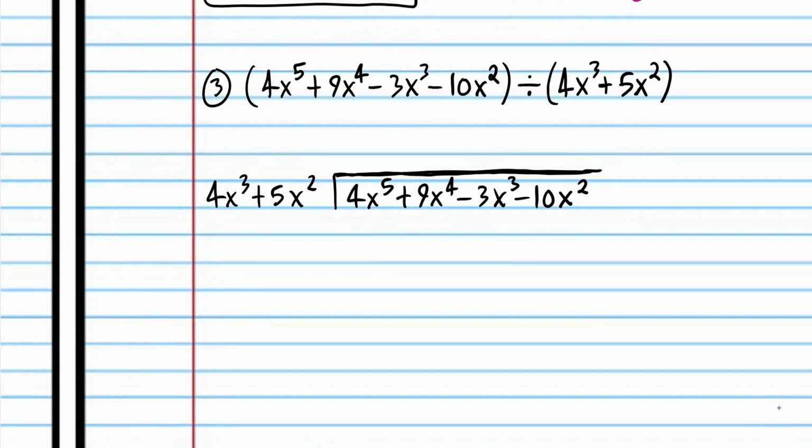And we're going to start cycle 1. Step 1, what number do you multiply the first term of the divisor by to get 4x to the 5th, the first term in the dividend? And the answer is x squared.